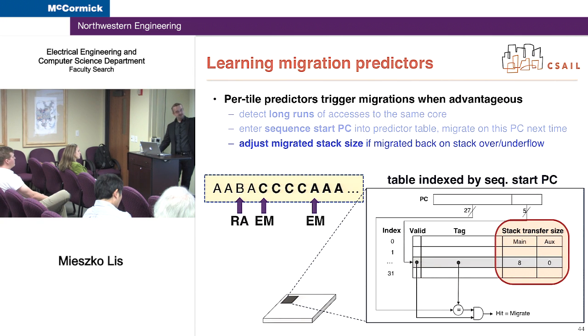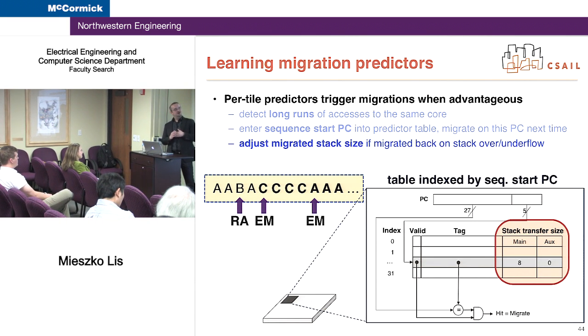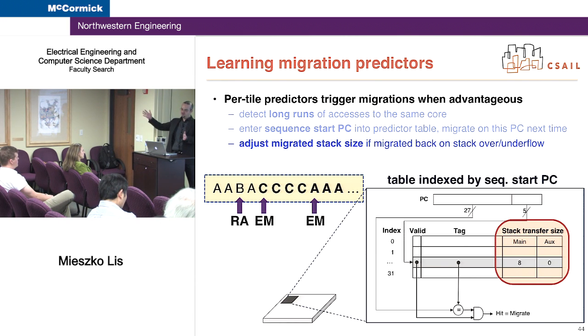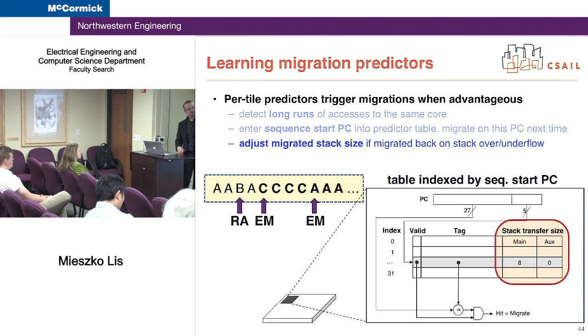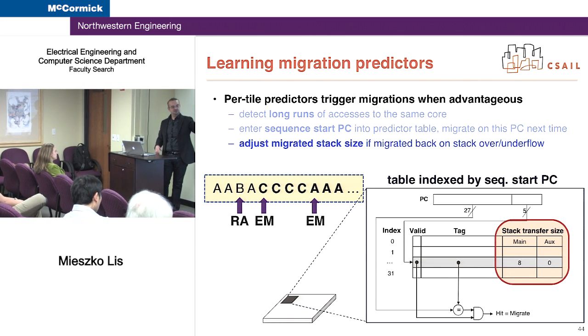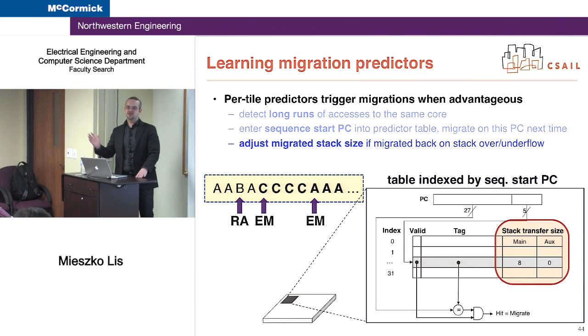Basically we adjust the migration context based on how many entries were used after you did the migration. So the first time you insert an instruction into this table and label it as migratory, that it's going to migrate next time, you just guess: you take half the stack.